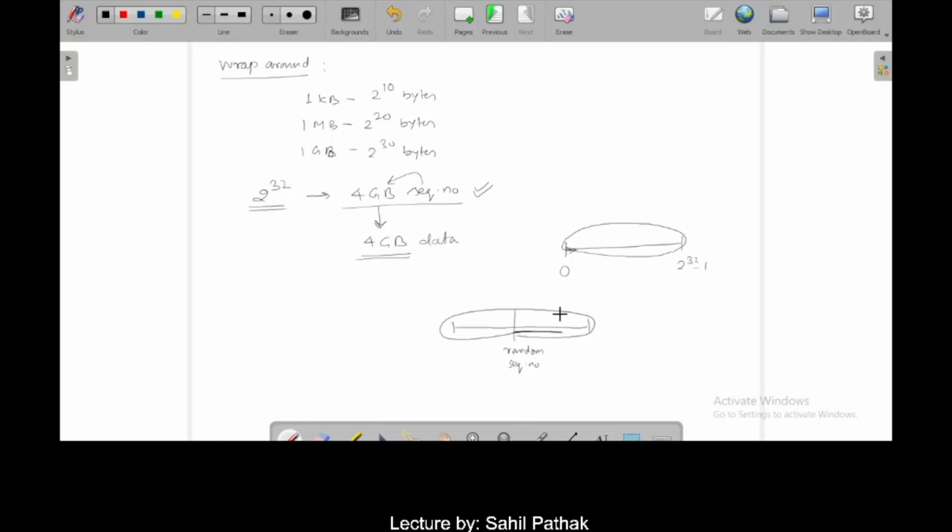Okay, so what is the wraparound? Wraparound is the using of all the sequence numbers that are present and reusing the same sequence numbers that have already been used.